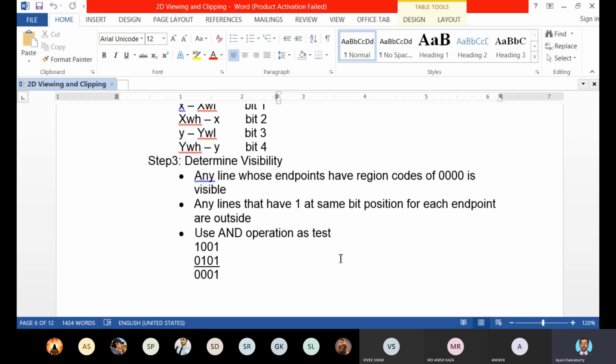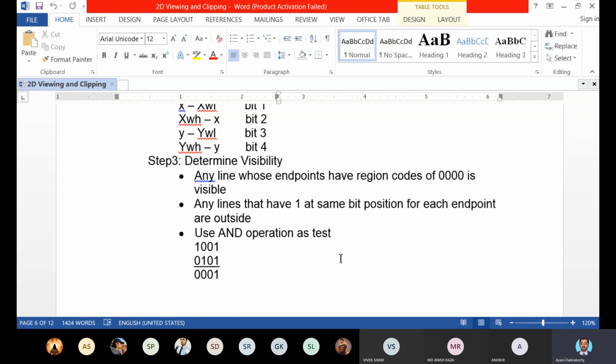Don't hesitate. So for visibility determination, the first logic: any line whose endpoints have the region codes of 0000 is visible.